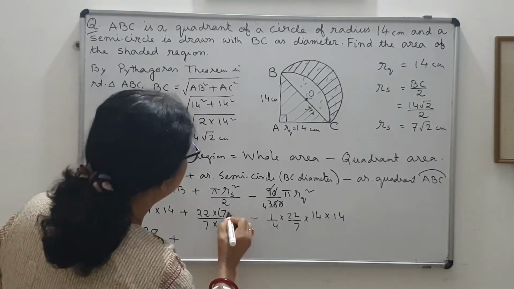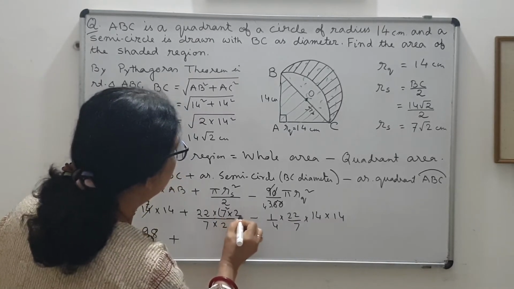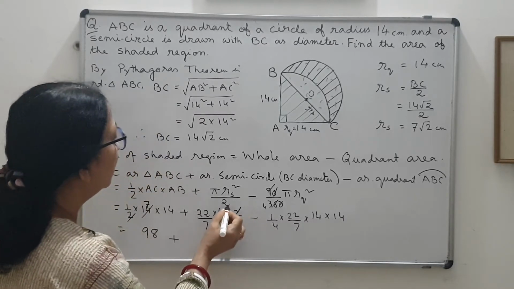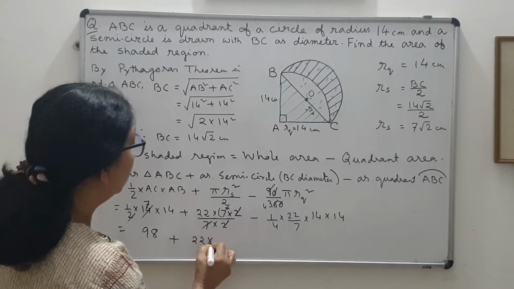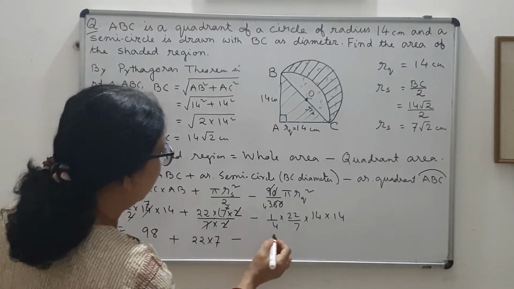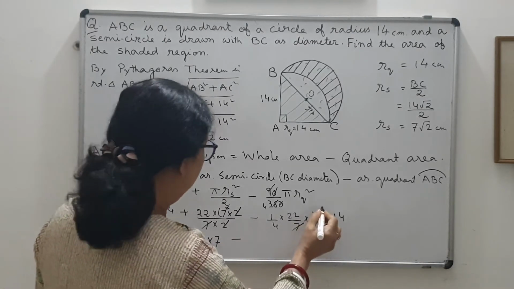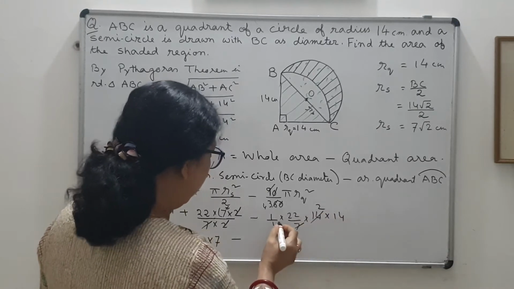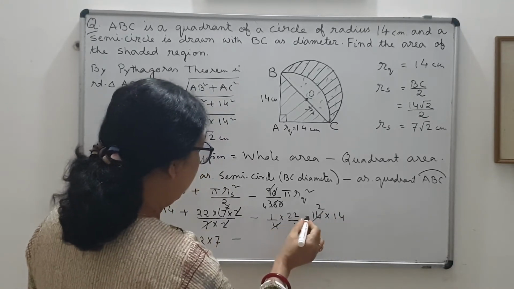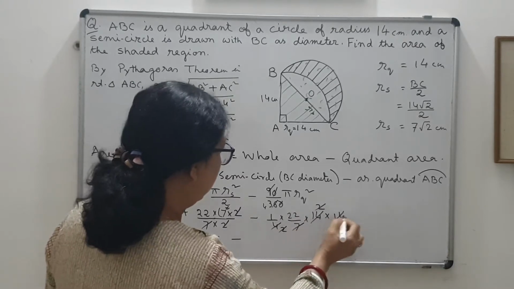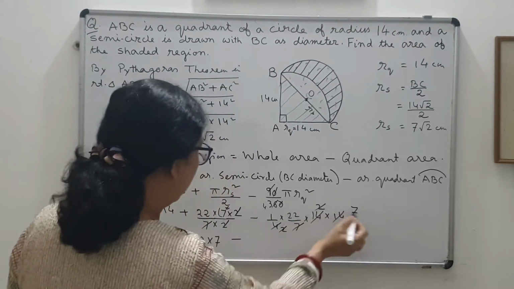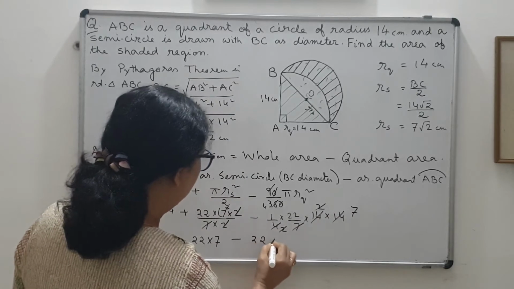In the next step also you can do 7 square into 2, so these 2 get cancelled, one 7 gets cancelled, so we are left with 22 into 7. Then minus here also, 7 twos are 14, and then here let me cancel 2, and then here it is 7. So what is left is 22 into 7, 22 into 7.